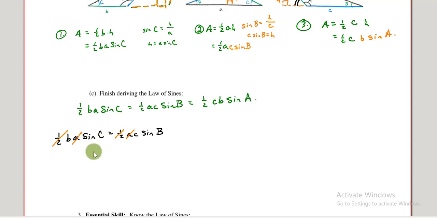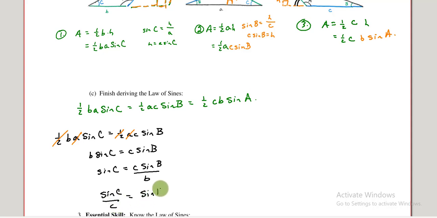And so we're just left with the statement b times the sine of C is equal to c times the sine of B. And what I'd like to do is first divide both sides by b. So I've divided both sides by b, and now I'd like to divide both sides by c, which gives me the sine of C over c is equal to the sine of B over b.